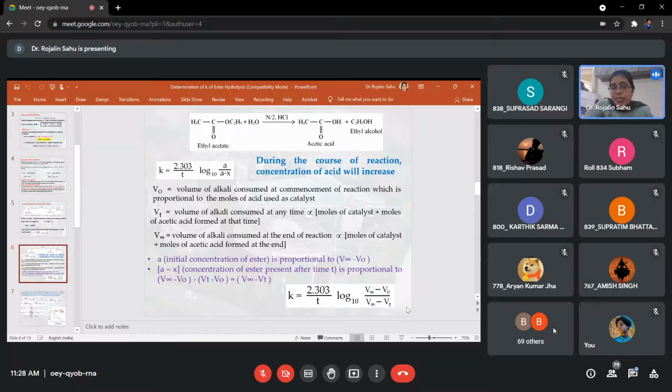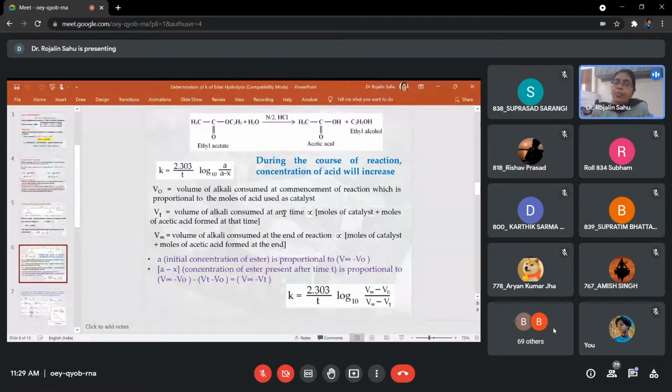And V infinity minus Vt, where Vt is the volume of alkali consumed at any time, because you are using a stopwatch to take the reading at different time intervals. So at a particular time interval, you have to calculate V infinity minus Vt. You have to calculate it a number of times, for different time intervals, and then take the average.